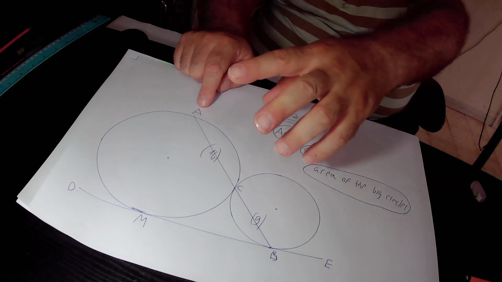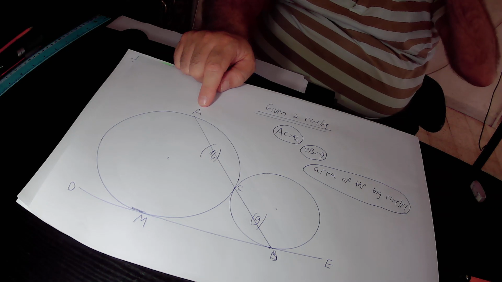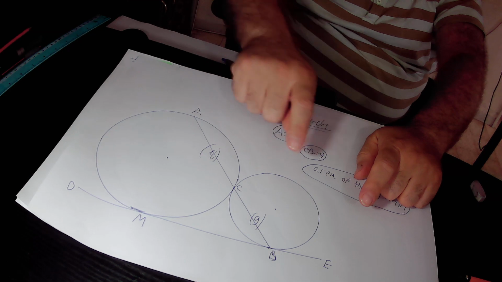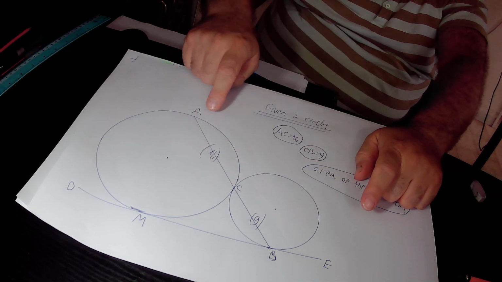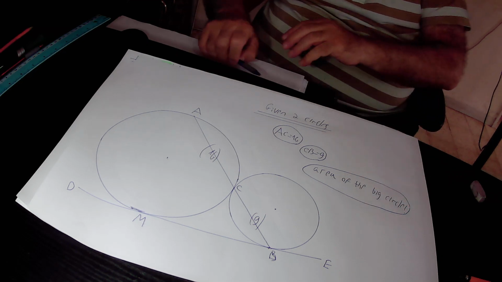So all the requirements of Rule 10 are satisfied. According to Rule 10, the following equation is true: BM square equals BC times BA. Again, BM square equals BC times BA.